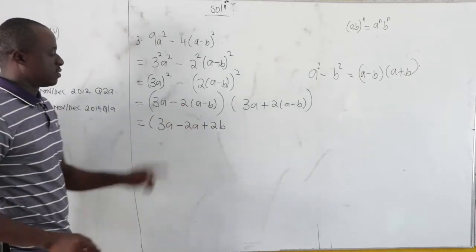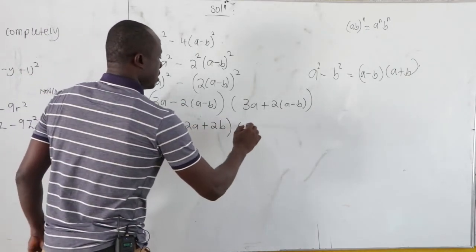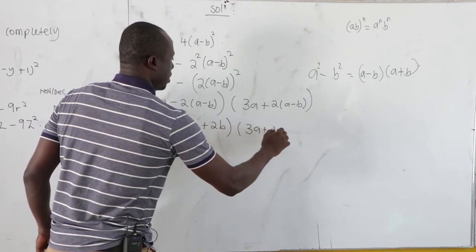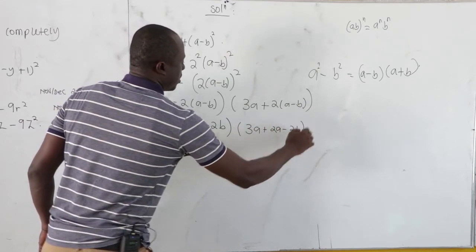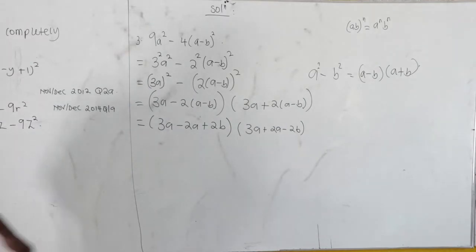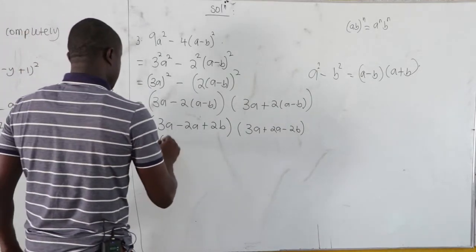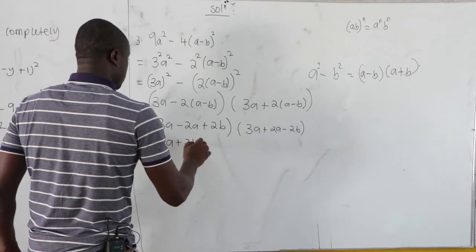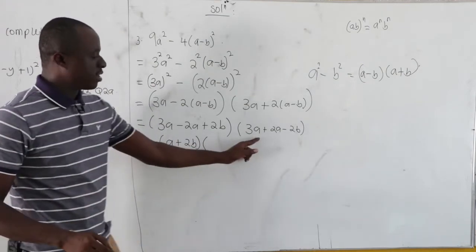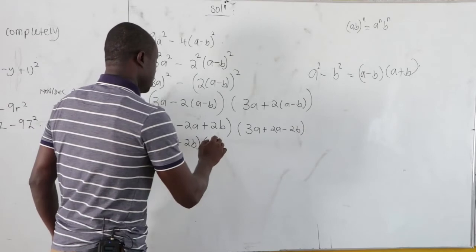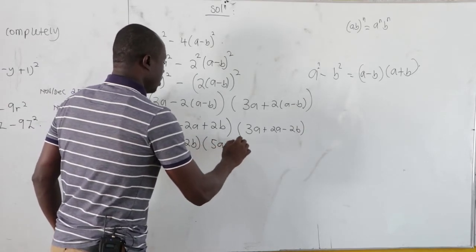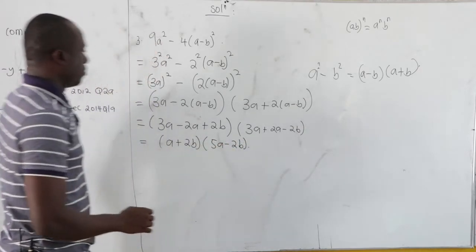Negative and negative, that is positive. We bring our bracket, then we have 3a plus 2a minus 2b. Now here, what is 3a minus 2a? This is just a. So you have a plus 2b. Now 3a plus 2a, and this is just 5a minus 2b.